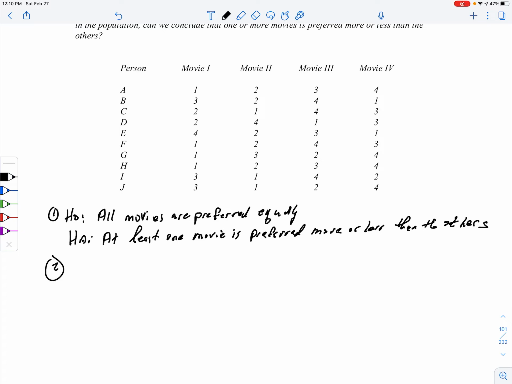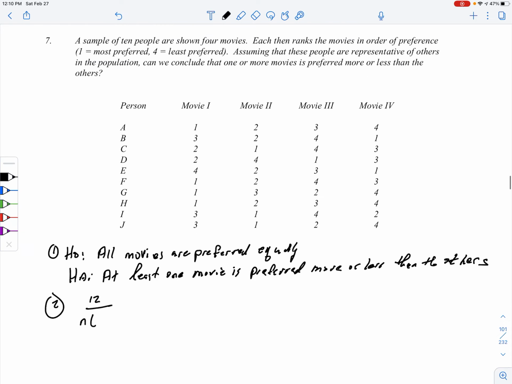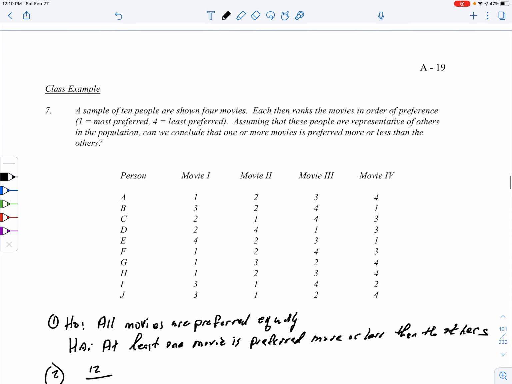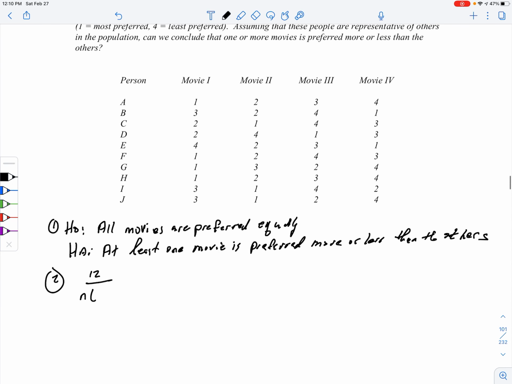The test statistic that we're going to use in this particular case then is 12 over n times k plus 1, and then we're going to have the sum of the Rj squares.